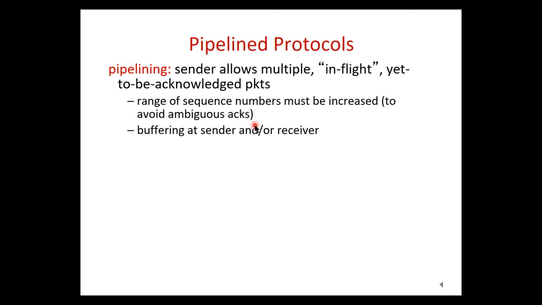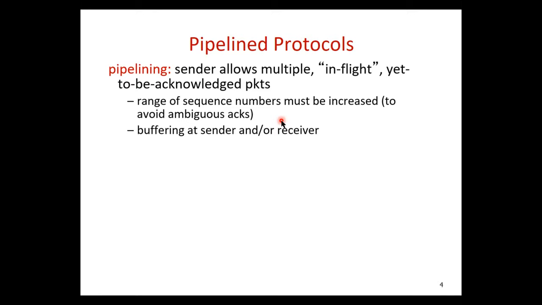Now the issue here, remember we had that discussion on Piazza, for those of you who logged on to Piazza, about how you can identify the ACKs unambiguously. We saw that with 1 bit of sequence number, there is no ambiguity, so RDT 3.0 works fine.